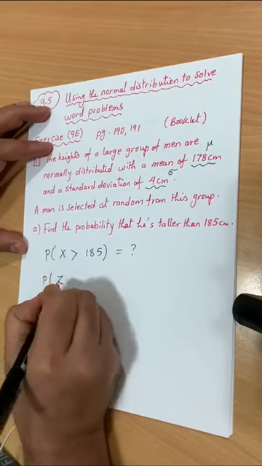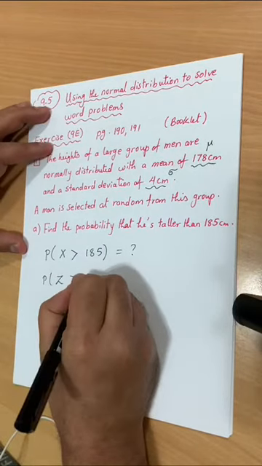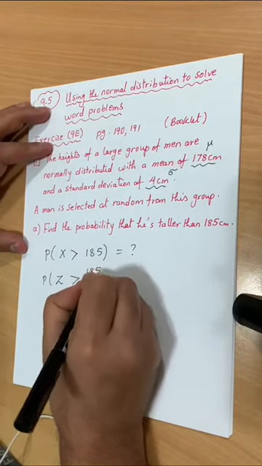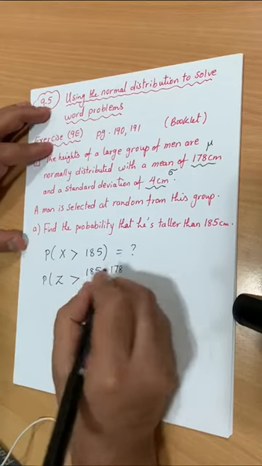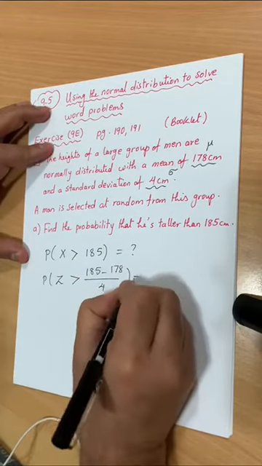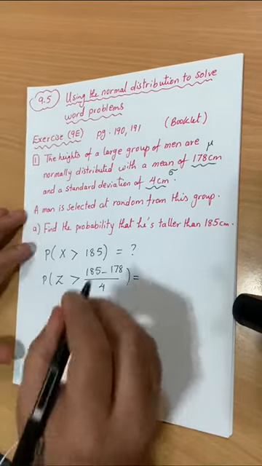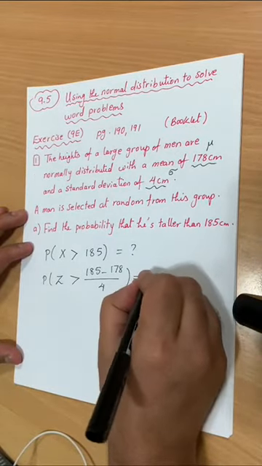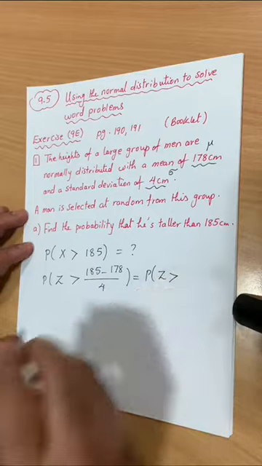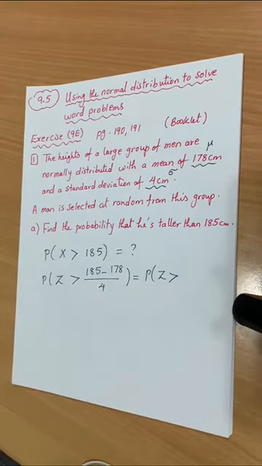So we're supposed to convert it first to z. So z is more than (185 minus mu 178) over 4. Probability of z more than 185 minus 178, and then you divide that by 4.